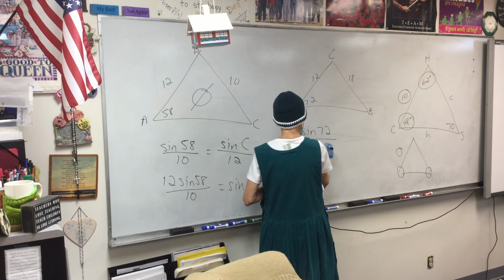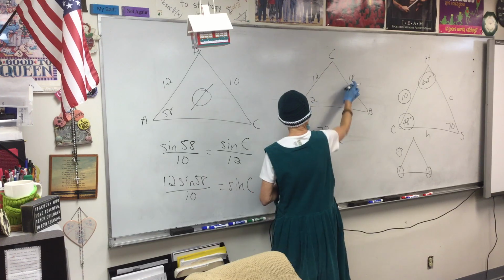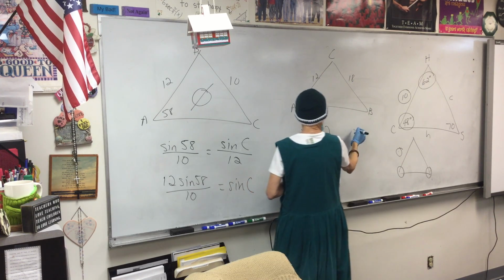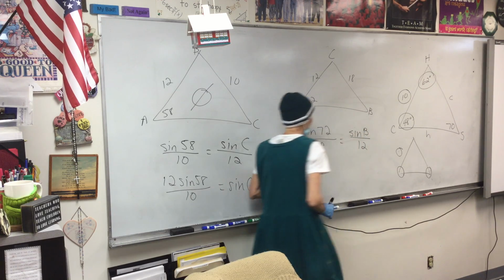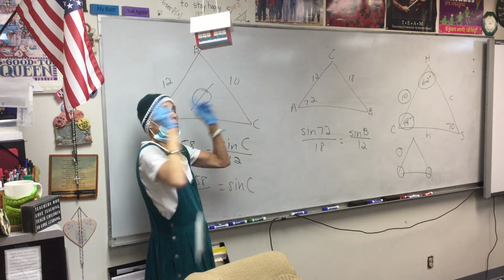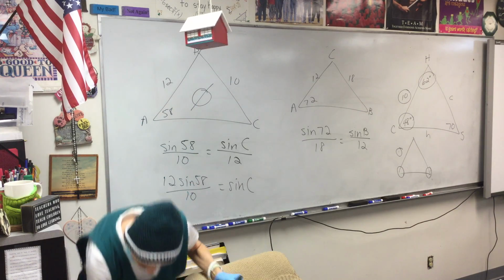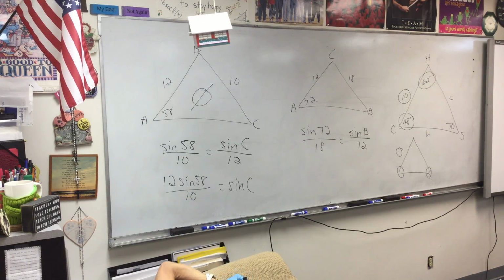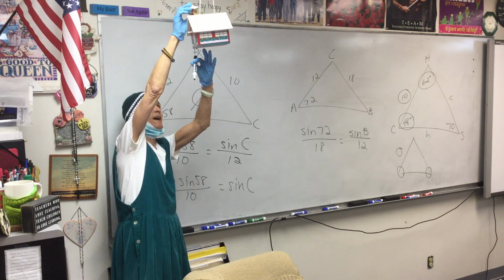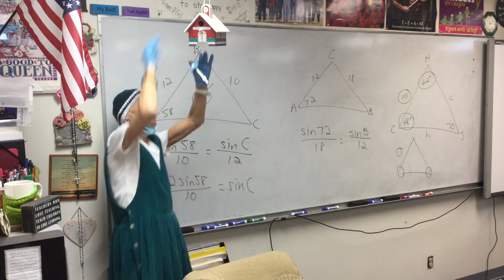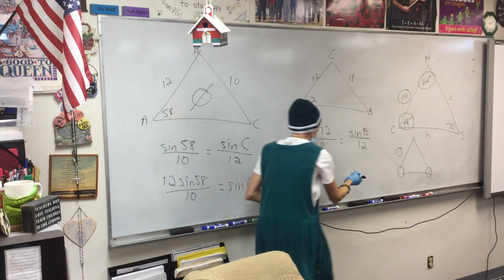Sine 72 over 18 equals what? Sine B over 12. Oh, B over 12, yeah. And then, whoop, there went the antenna, because we're using the law of sines to find an angle. So let's see what happens this time.